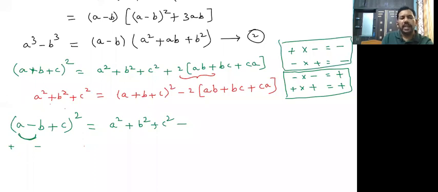So −2ab will come. Next, these two, minus and plus, opposite signs, we get negative: −2bc. Now the first and last are both positive, so +2ca will come.